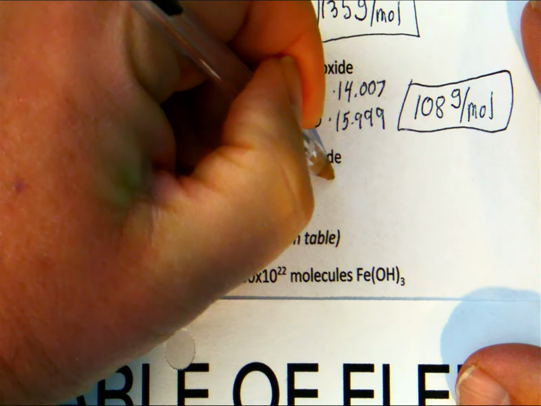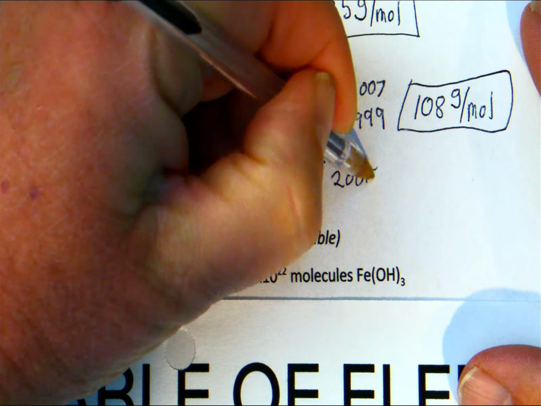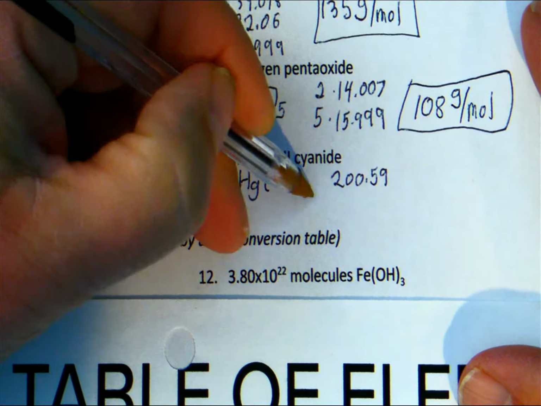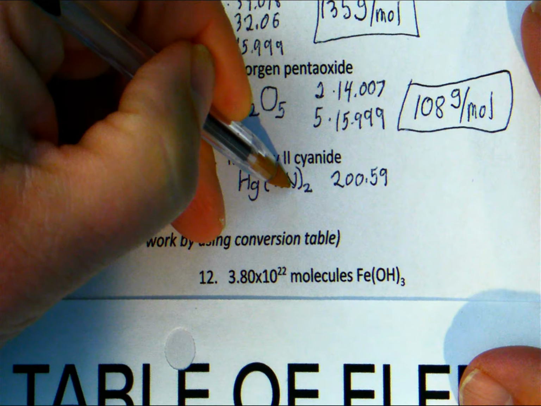Mercury is 200.59 atomic mass units. I have 2 carbons and 2 nitrogens.